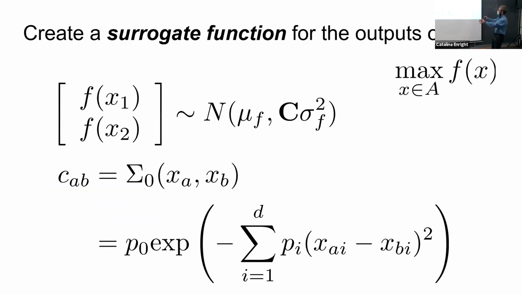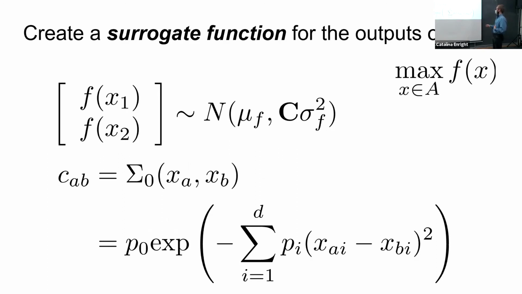Just real quick, go ahead and let your eyes glaze over if you want. I said the surrogate model is multivariate normal. So imagine I've evaluated F twice. There's a covariance between these two evaluations. It's given by this function sigma naught, and here's one possibility for that function.